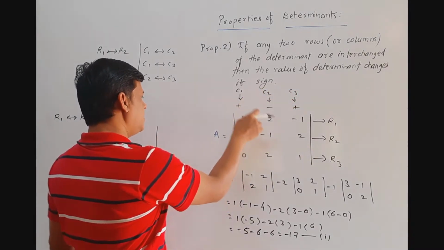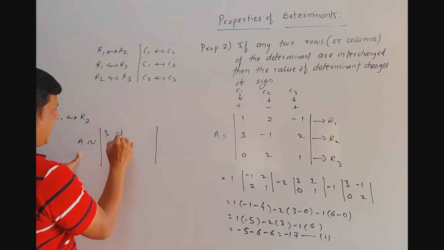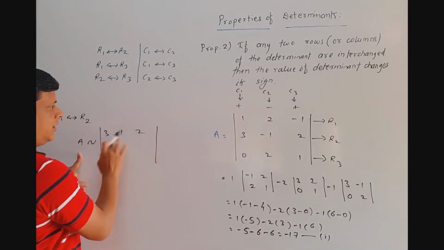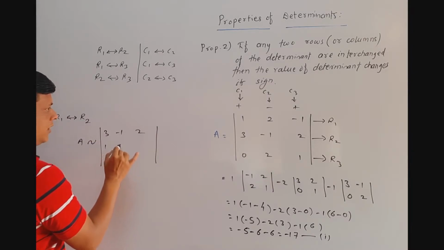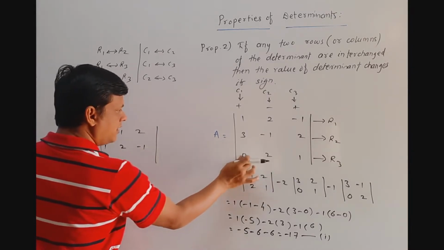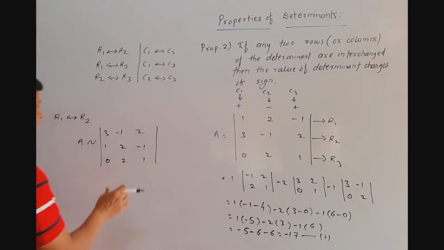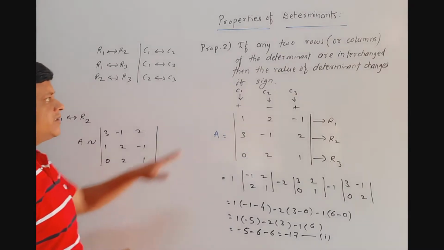So after interchanging we write A changes to 3, minus 1, 2. We write the elements of the second row in the first row and the elements of the first row in the second row. So right here 1, 2, minus 1, and keep the third row elements as they are, 0, 2, 1. Now we calculate the value of this determinant and we have to check this property.